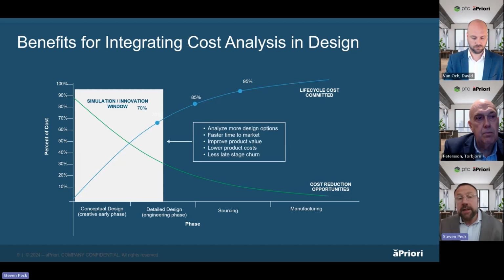And that's really where there's opportunity to introduce capabilities to take advantage of the digital product definition, the tools that are available to simulate and help drive innovation, such that those decisions are made early on before anyone is going out and procuring tooling, for example, and it's too late in the process to drive any big changes to drive cost out. And by looking at capabilities early on, we can have a significant impact there.